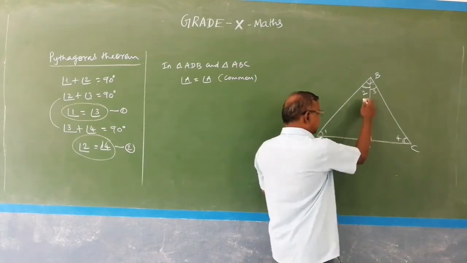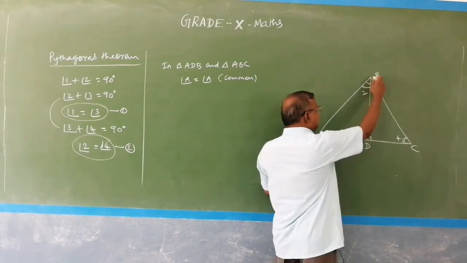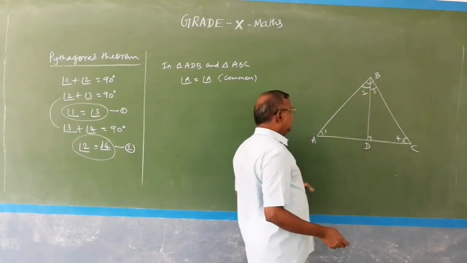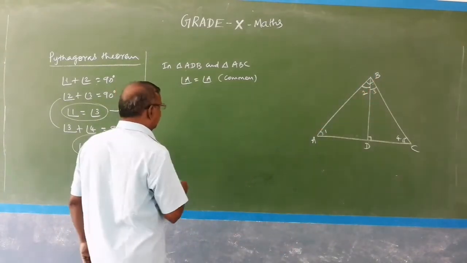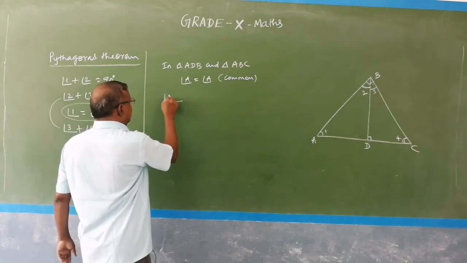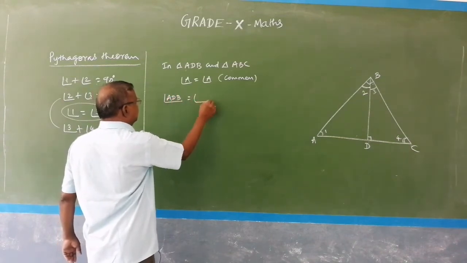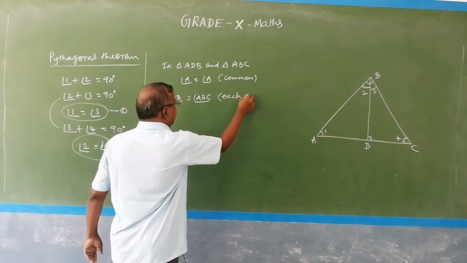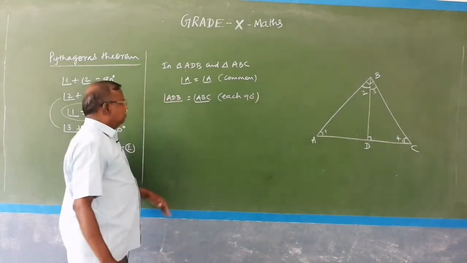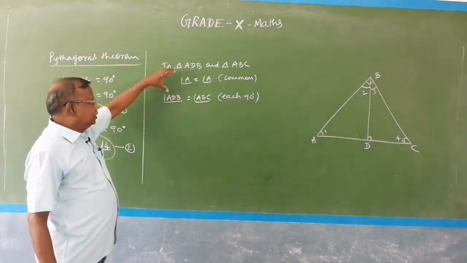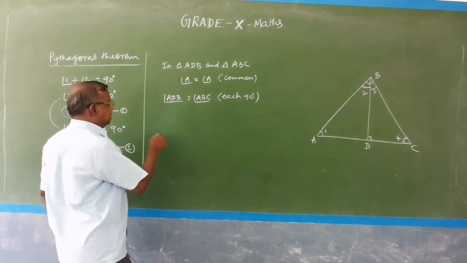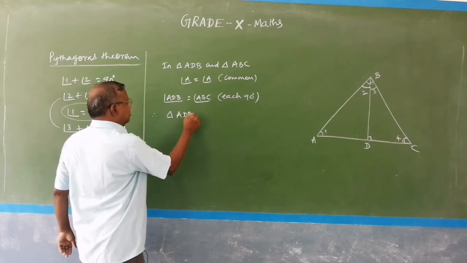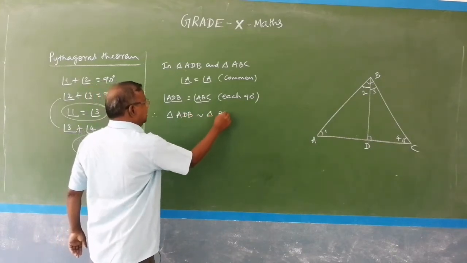Angle ADB is 90 degrees, and in the bigger triangle ABC, angle B equals 90 degrees. Therefore, they are equal. So by AA similarity criterion, these two triangles are similar. Therefore, triangle ADB is similar to triangle ABC.